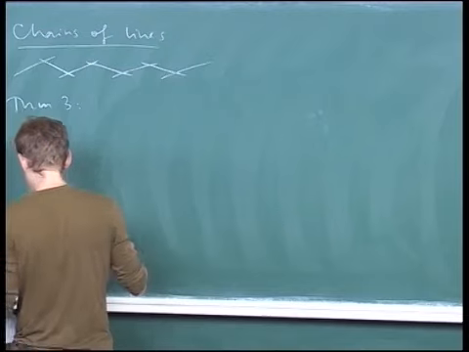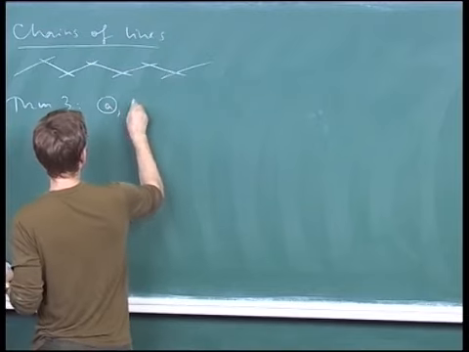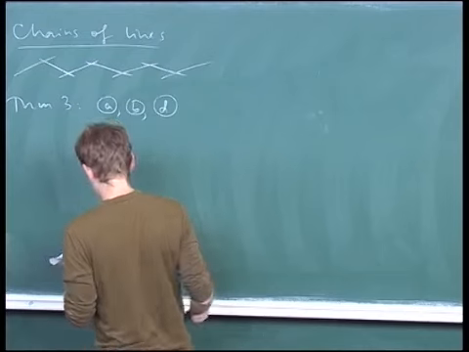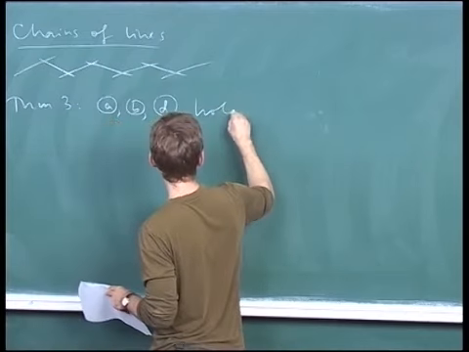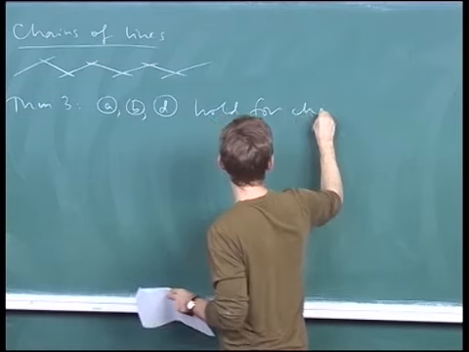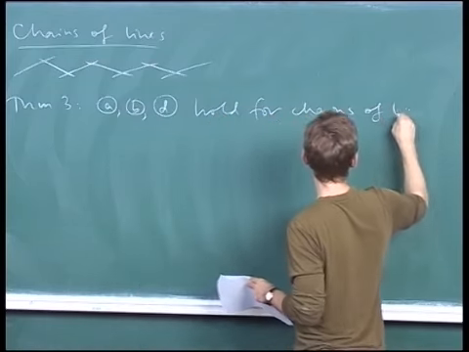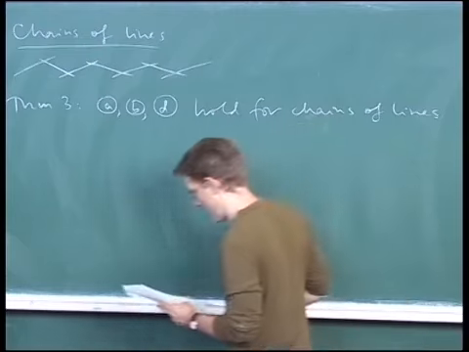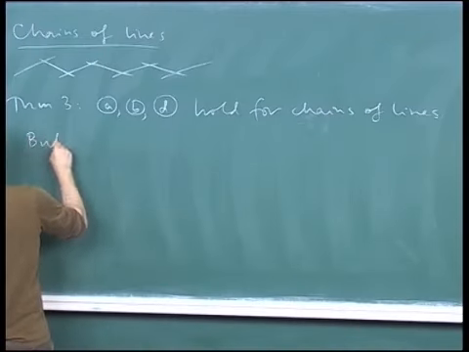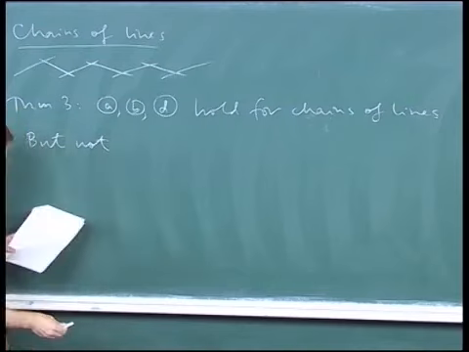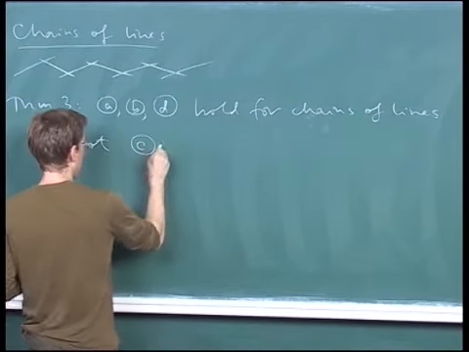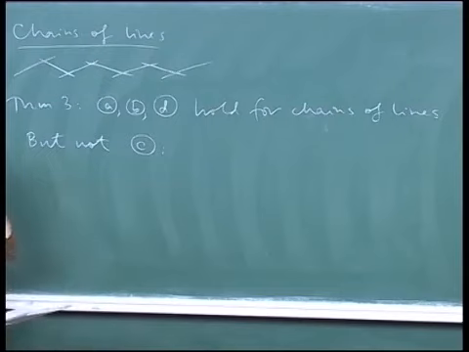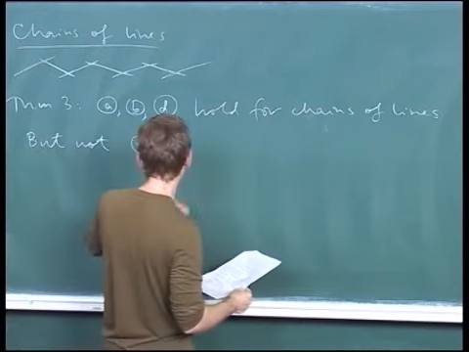So theorem 3 says that A, B, and D, the connectedness of the automorphism group, all hold for chains of lines. But again, there's no reasonable choice of a Harder-Narasimhan reduction.